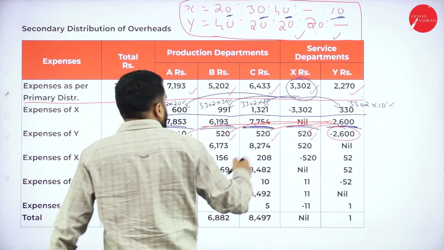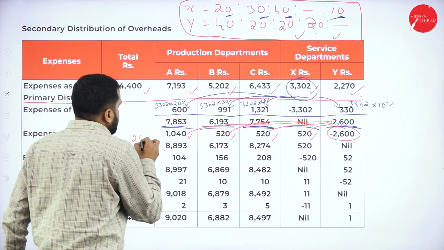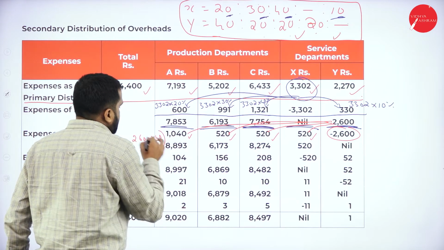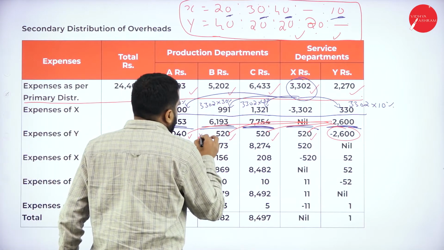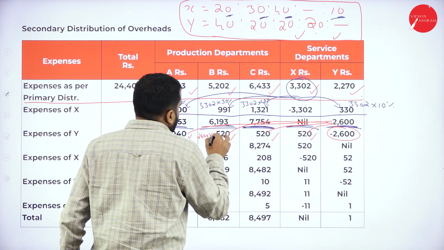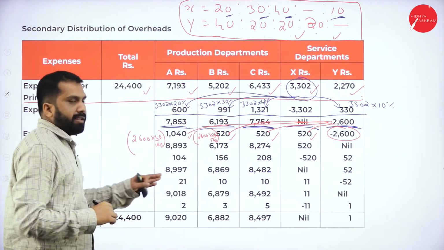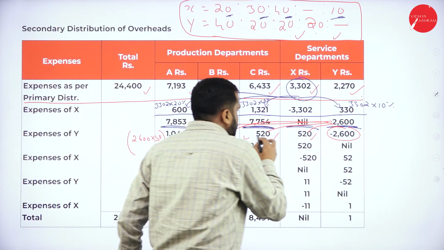How did you calculate? 2600 into 40%. 2600 into 20%. Hope you are clear. Like this, you are supposed to calculate.